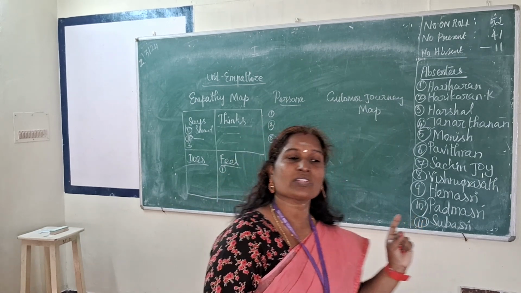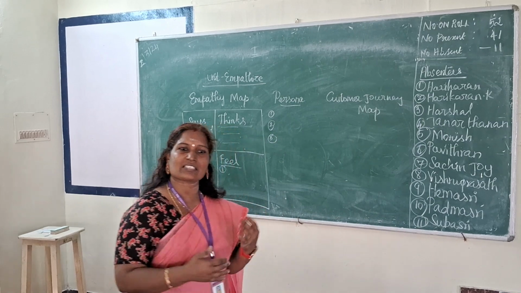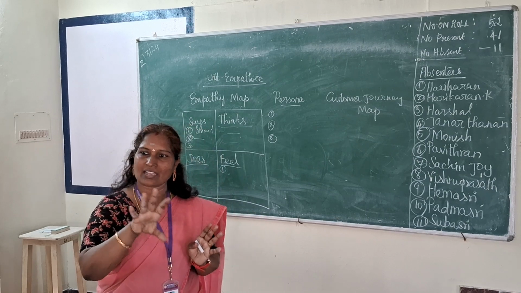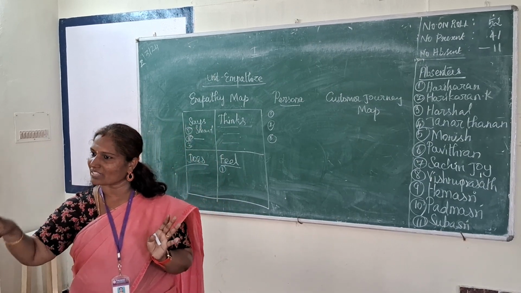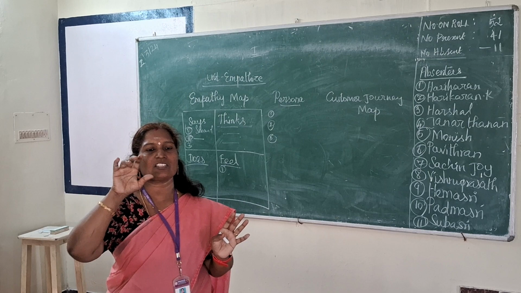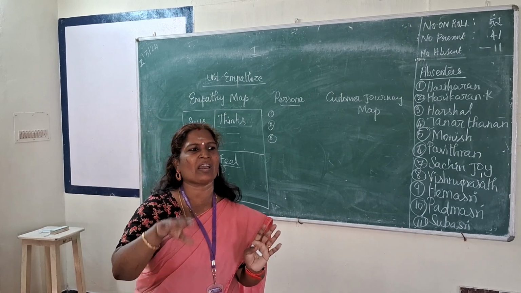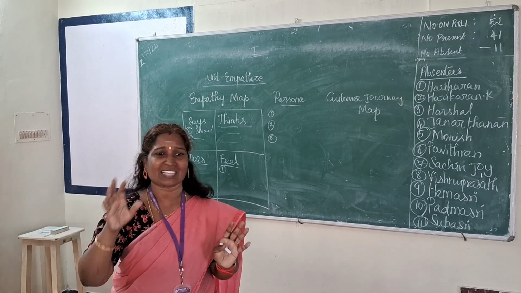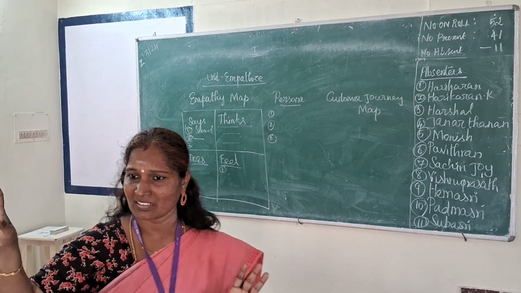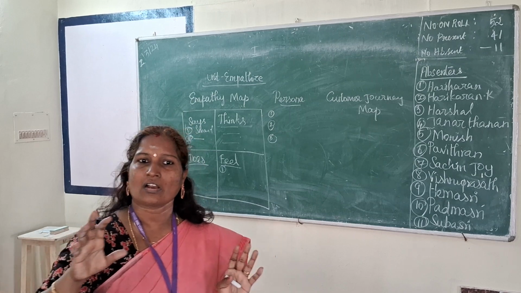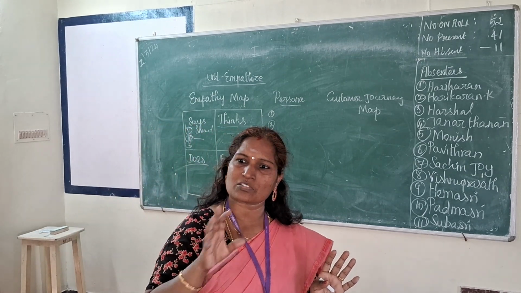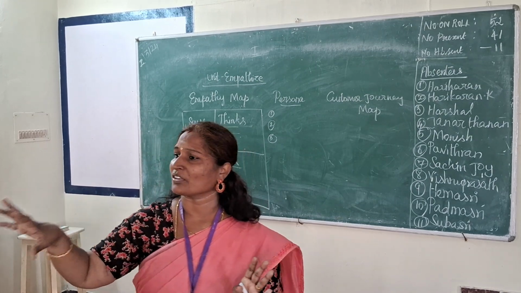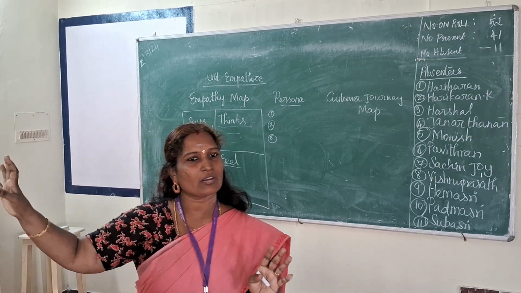Get my point? So for this persona, I need to consider the age group, I need to consider their background, whether they are civil engineer, mechanical engineer, computer science engineer, electronics engineer. A person is purely a mechanical engineer. If I go and talk to him about data structures, operating systems, computer networks, he will be fed up and go mad, right? If I go and talk about machines, various types of machines, materials, purely about nanomaterials to a computer science student, they will go mad.